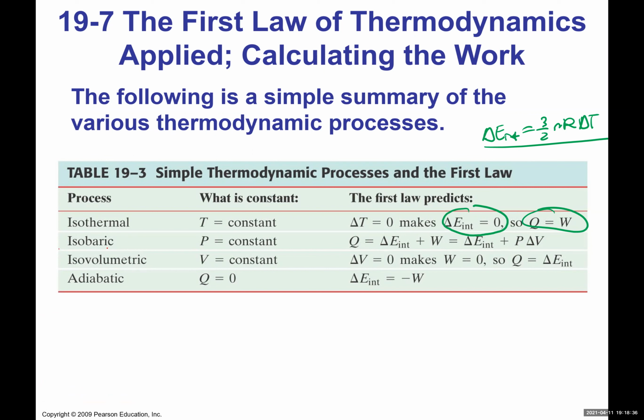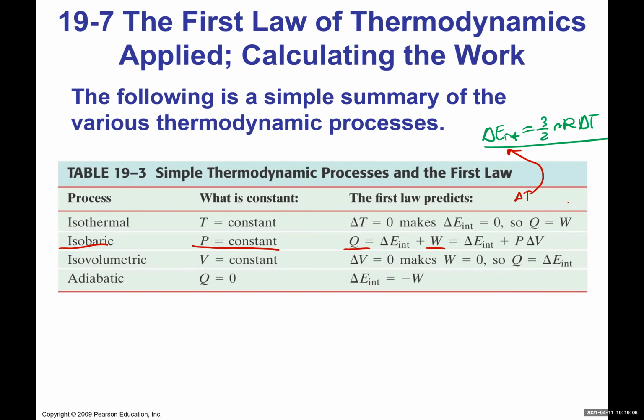Then we have an isobaric process. Here pressure is constant. In this case, we have both Q and W. So you can calculate the amount of heat added, for example, by calculating change in internal energy plus work done. Probably the easiest way to do that. Because pressure is constant, you're probably going to be given the change in temperature, and then you can use that to calculate change in internal energy.